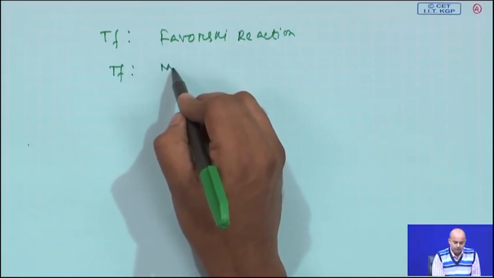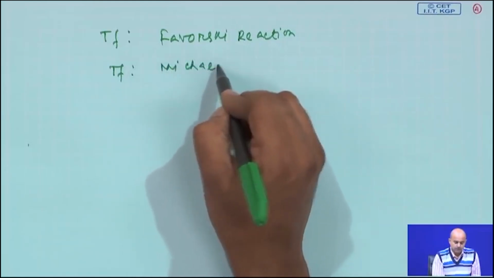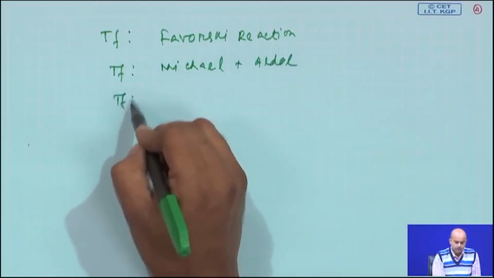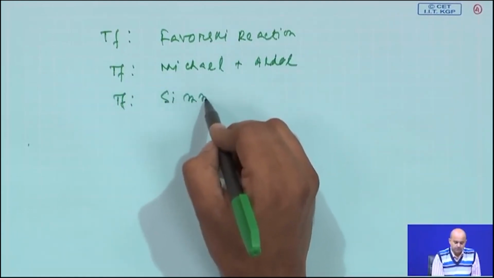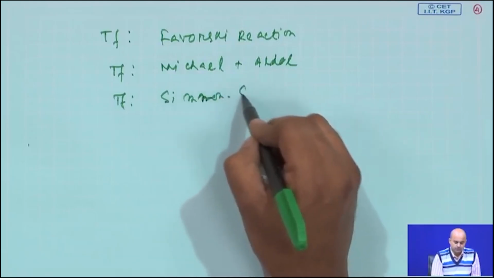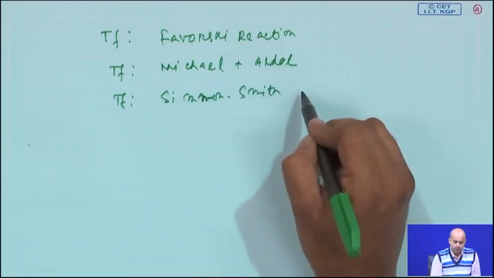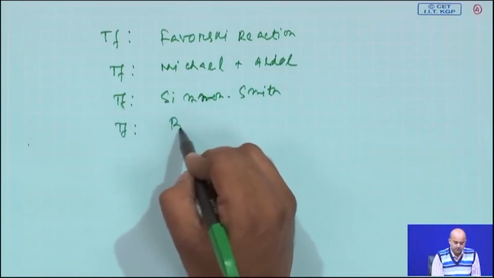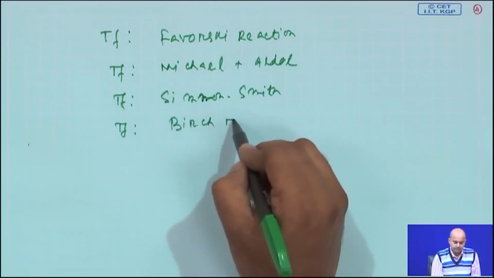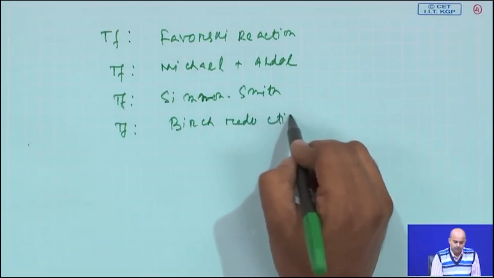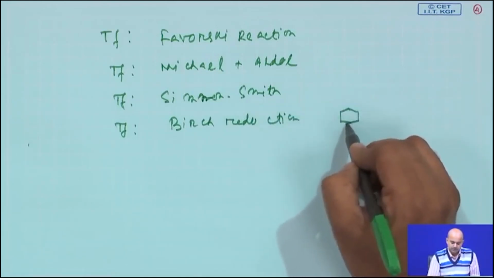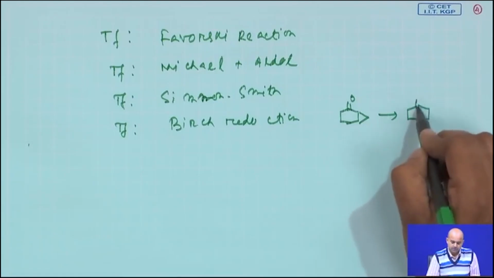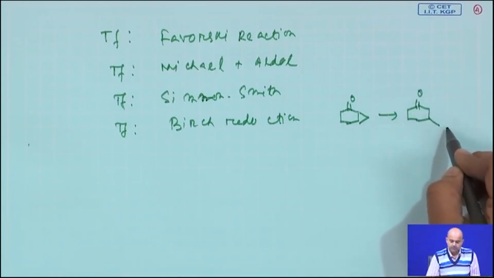You also use a Robinson annulation, which is nothing but a Michael aldol combination. You do a Simmons-Smith reaction to give you the cyclopropane, and then finally you do a Birch reduction to cleave the cyclopropane to complete the synthesis, where you will be creating the methyl on the beta position.